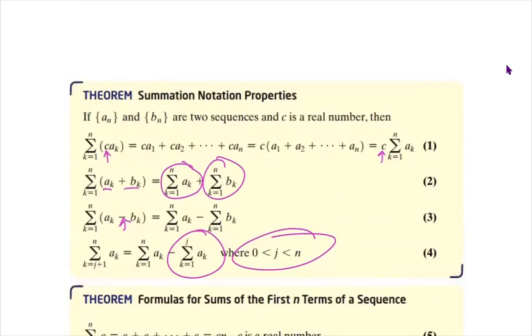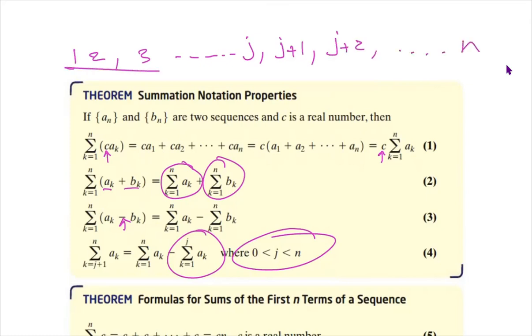So basically what you have is, say you have 1, 2, 3, and so on to j, and then j plus 1, j plus 2, and so on to n, right?